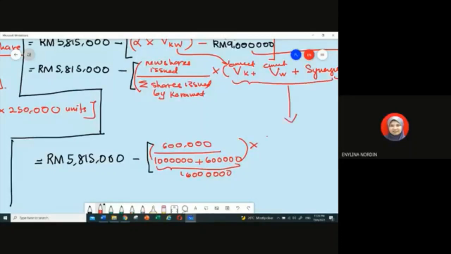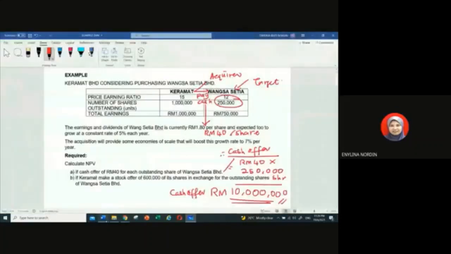So our issue here, what is the current value of Keramat? Now we need to go back to the question. So this is the time for us to calculate the value of Keramat, same as what we did for the target firm, Wangsa Setia.